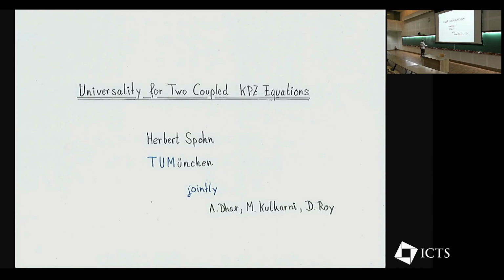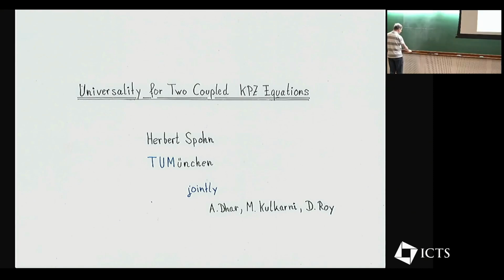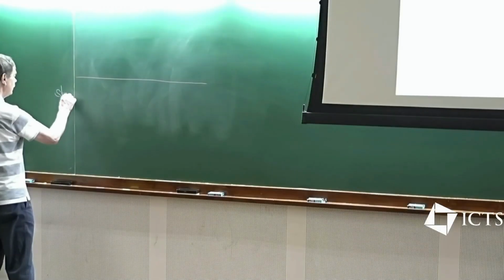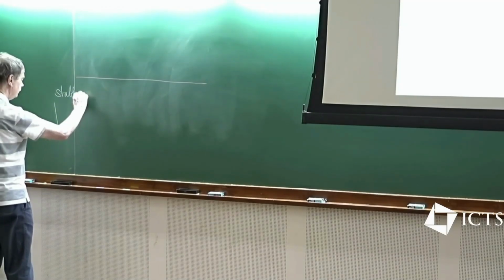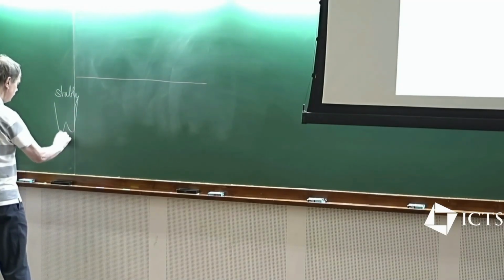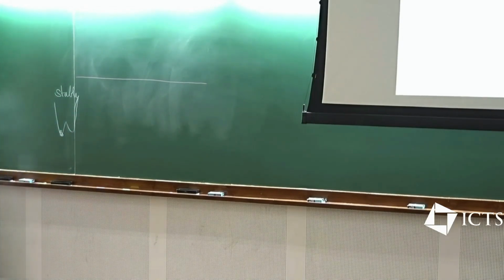So here you have an interface. It's a two-dimensional film, and in the lower part you prepare the system in a stable state. So if you think of some free energy, something like this, the system locally is sitting in the minimum.